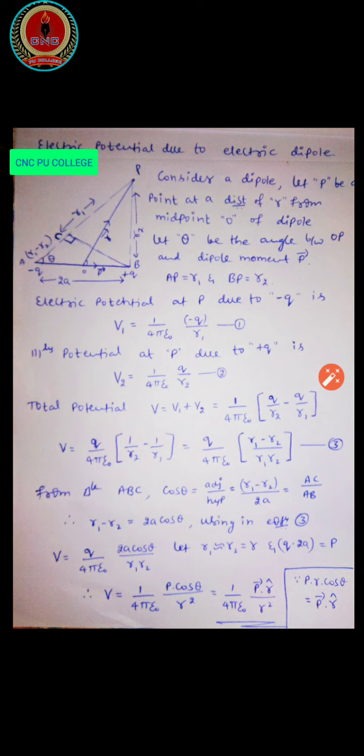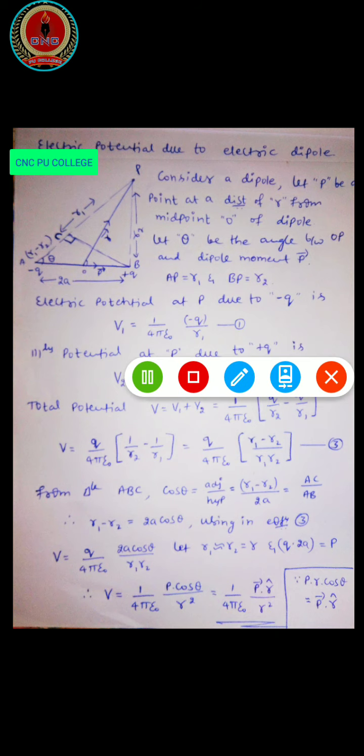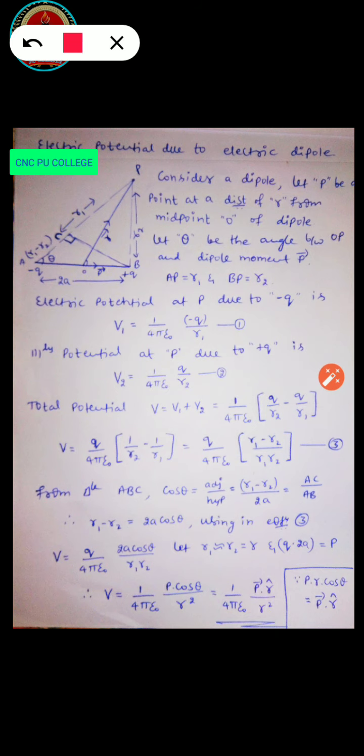Electric potential at P due to negative charge, because we have to consider the potential due to both positive charge and negative charge. By the superposition principle, we get the total potential. Initially we consider V1. What is V1? Electric potential at P due to negative charge.